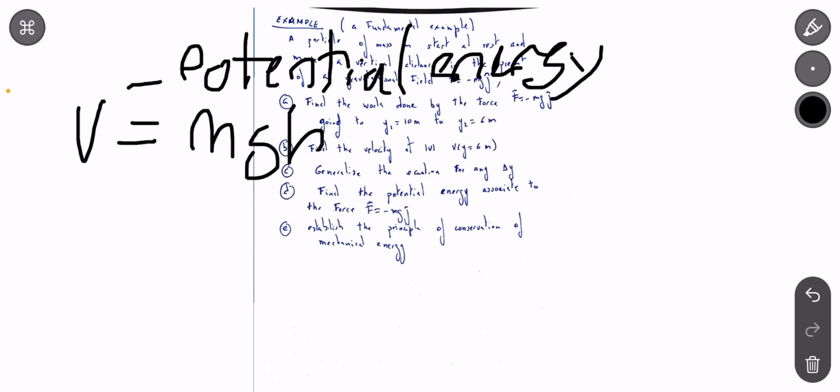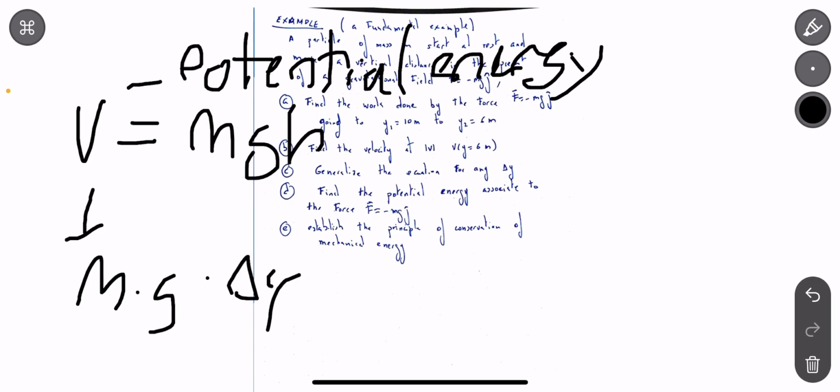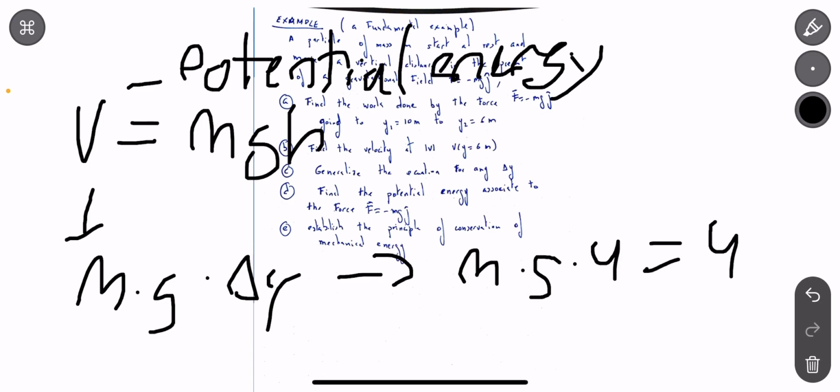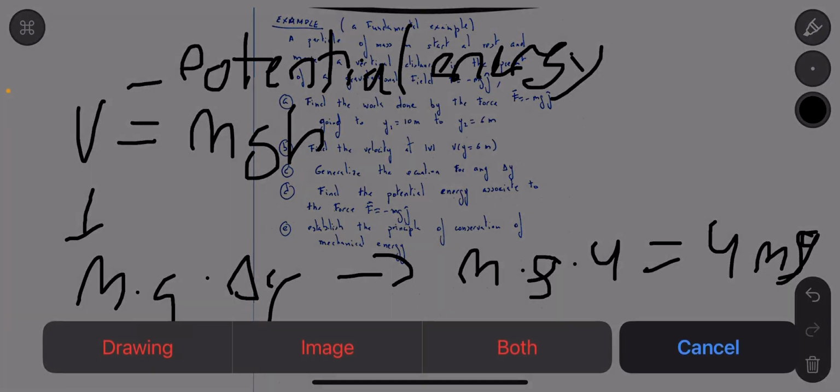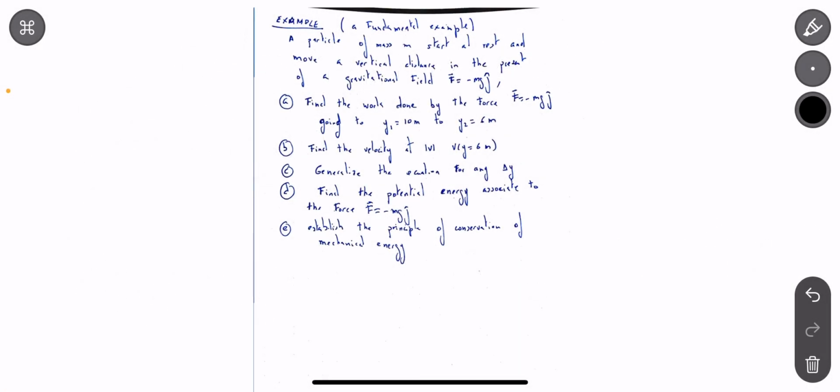And this turns into m times g times displacement of y. And then this turns into m times g times y, 4, sorry. And then equals, eventually, 4mg. 4mg is what we're looking at here. So now we have 4mg, we broke it all the way down to there.